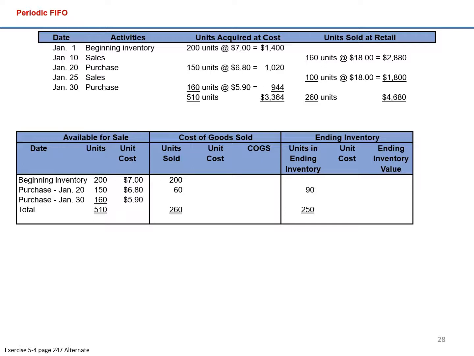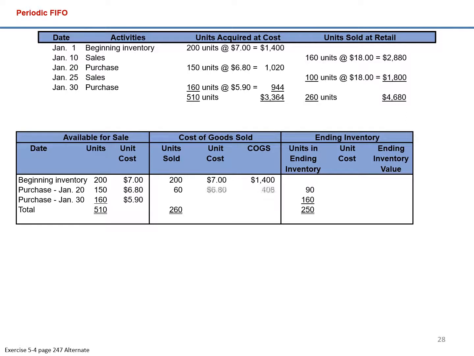We're going to sell 0 of our January 30th. So if we started with 150 available for sale from our January 20th purchase, less our 60 sold, that means we have 90 left in ending inventory. We didn't sell any of our 160 from January 30th, so we have 160 left in our ending inventory from that purchase.